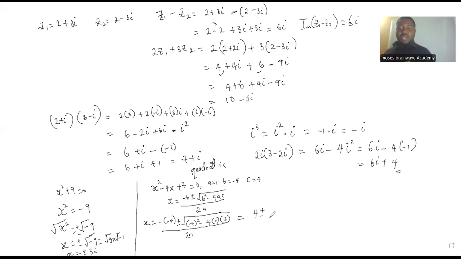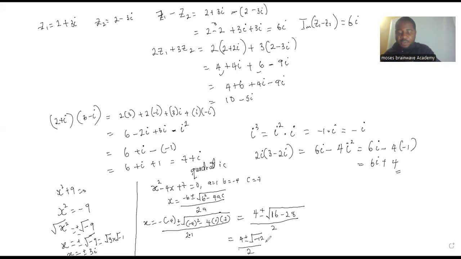So I have plus or minus square root of 4 squared, which is 16, minus 4 multiplied by 1 multiplied by 7, which should give us 28, right? So this is upon 2. So automatically here, we're going to be getting 4 plus or minus square root of -12 upon 2.